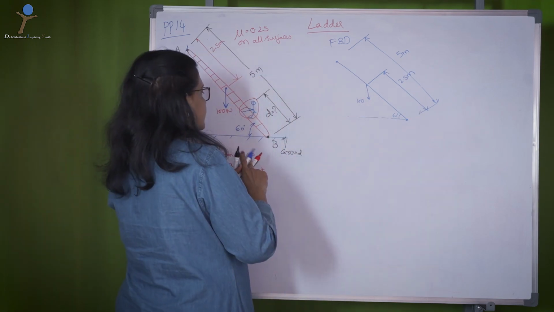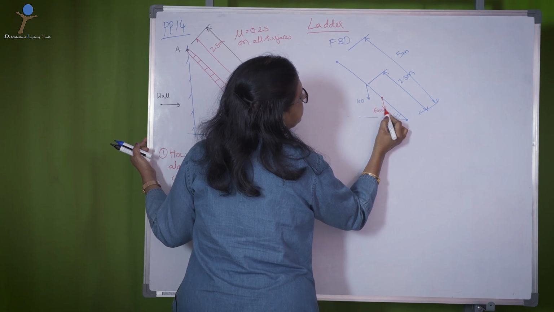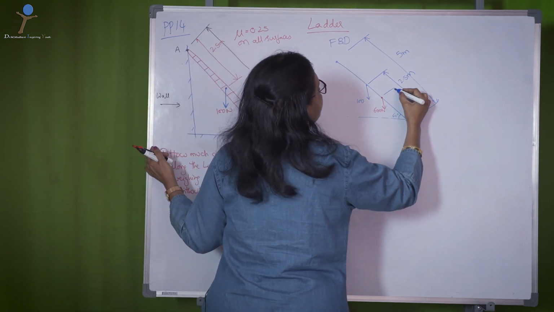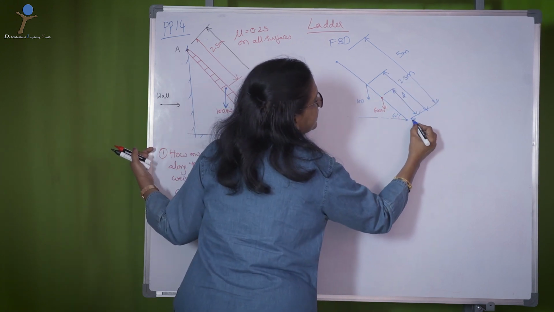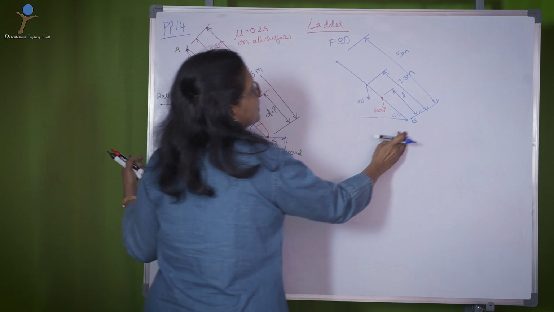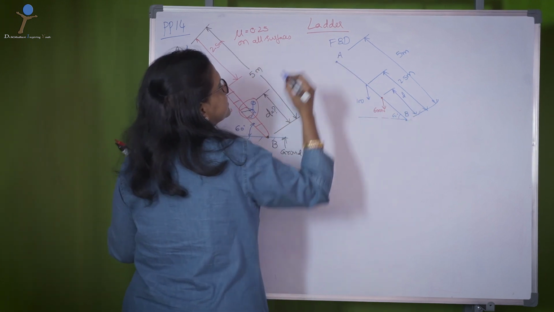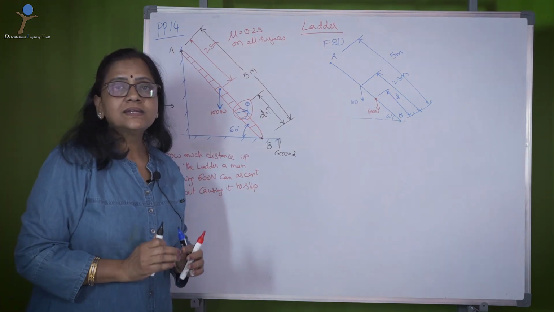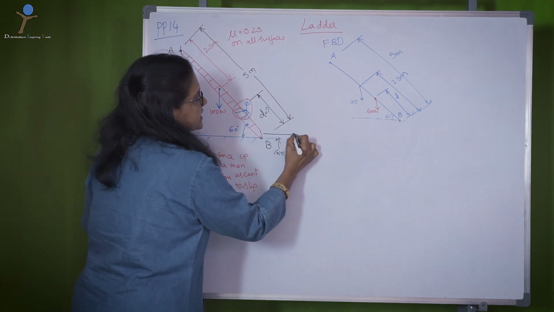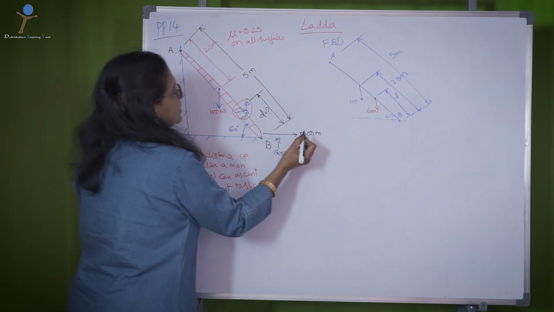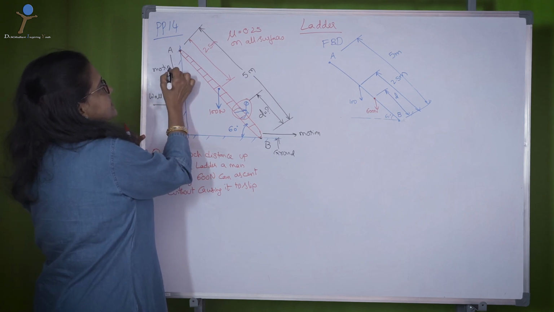We also know that there is a person weighing 600 newtons at a distance of d from the ground point B. Let me put the B point here and the A point here above. Now, when the ladder is slipping, that means the ladder slides in this direction on the ground and in the downward direction on the vertical surface.